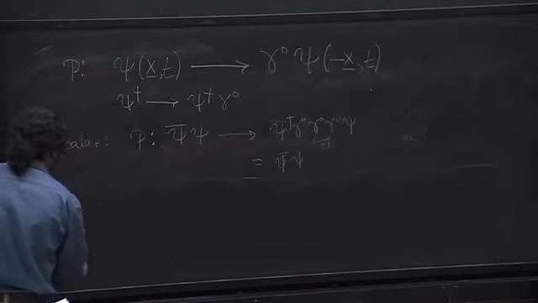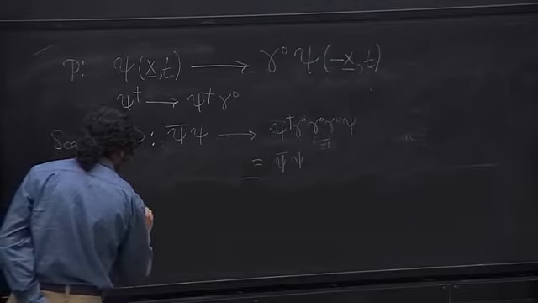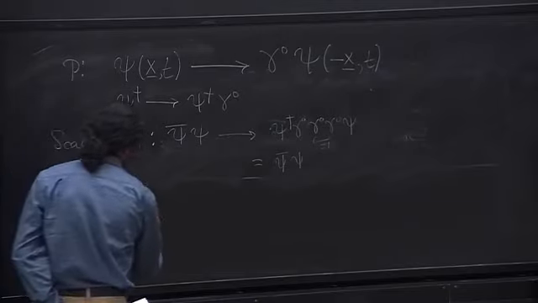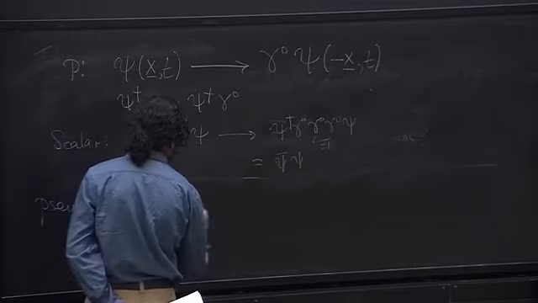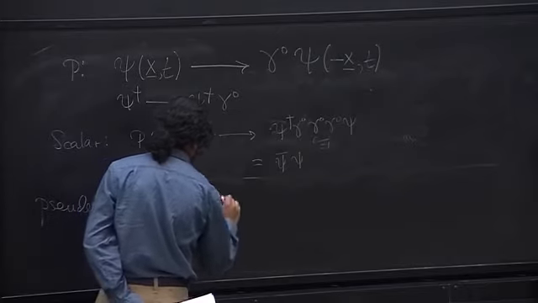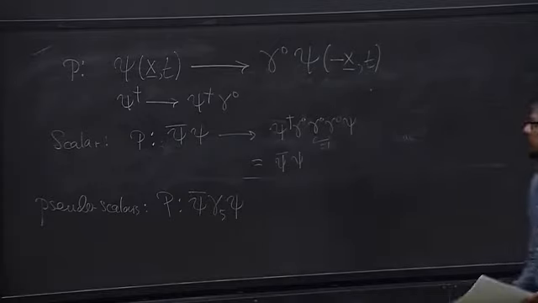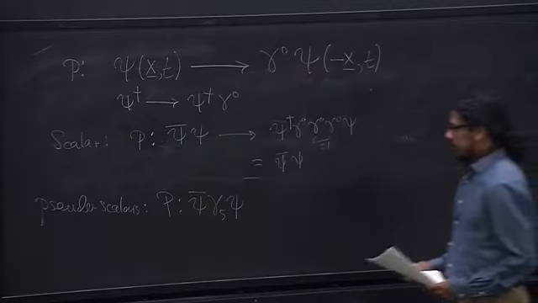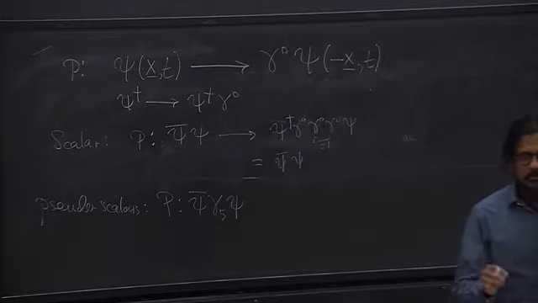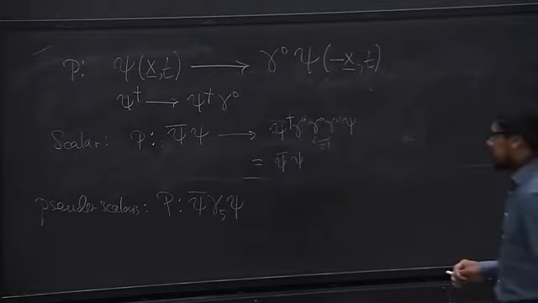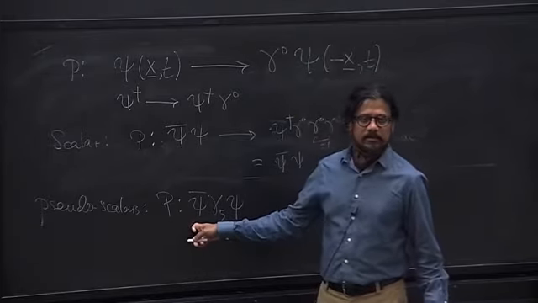There are quantities which are known as pseudoscalars, which under parity transform in a different way. So if you sandwich gamma 5 between a Dirac spinor and its conjugate, then if you do a proper orthochronous Lorentz transformation, you can show that this is a scalar under Lorentz transformation.